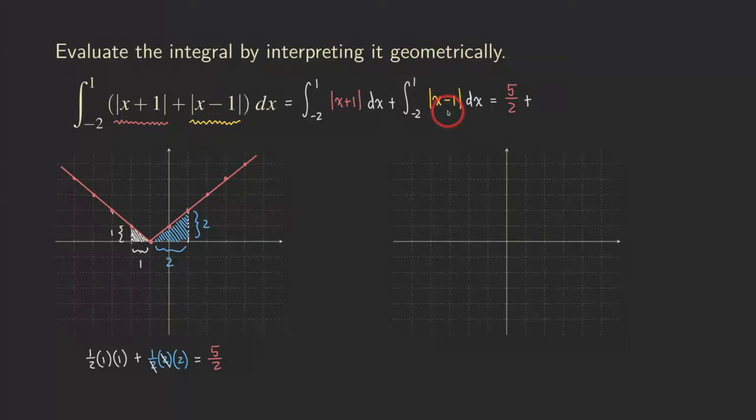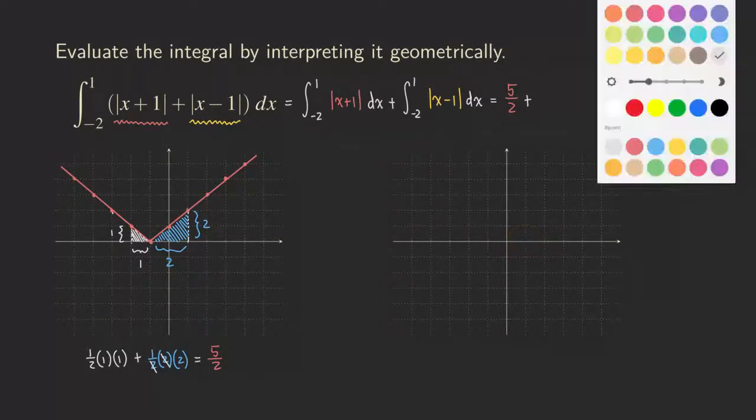The second one, again, we are going to do a transformation from the parent function of the absolute value of x. What this -1 is doing to the original basic parent function is that it's going to move the graph of that function 1 unit to the right. So instead of having the vertex at the origin, we have the vertex right here, and we still have the same shape of the graph because we're basically just moving the whole graph, right?